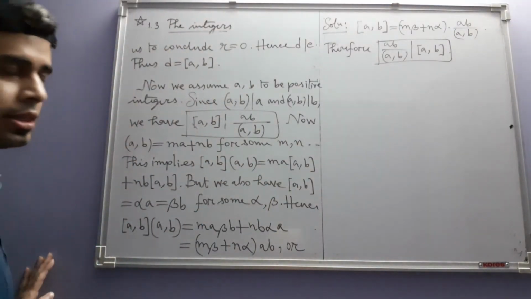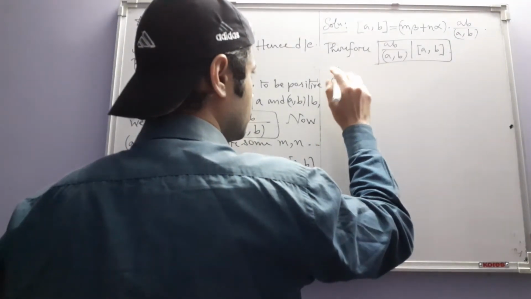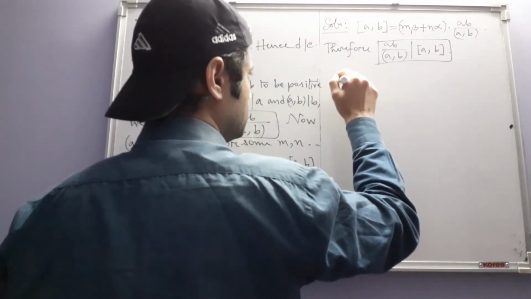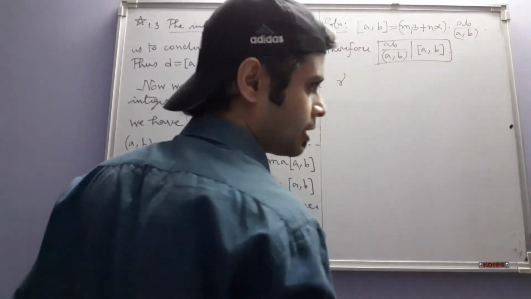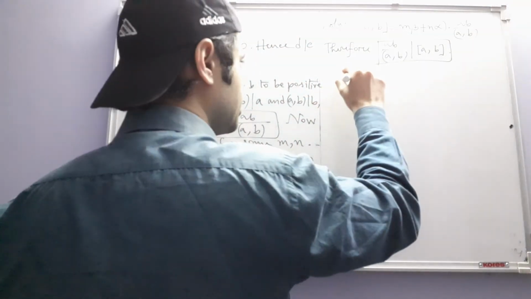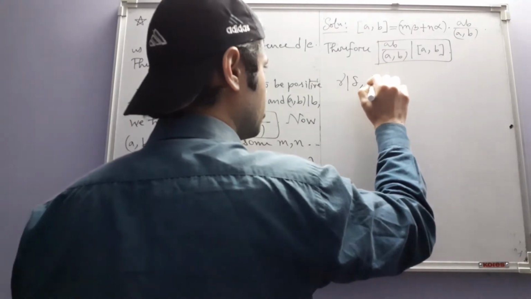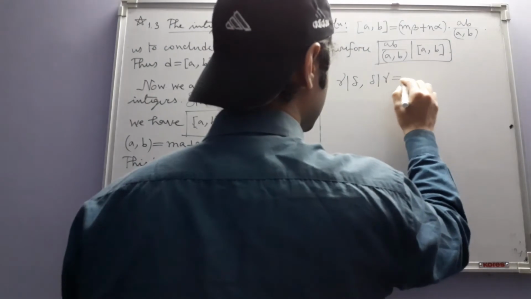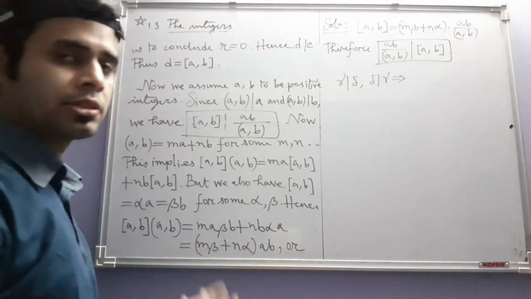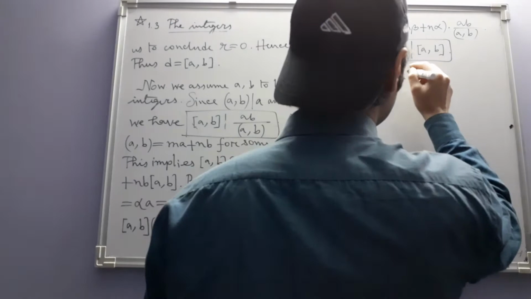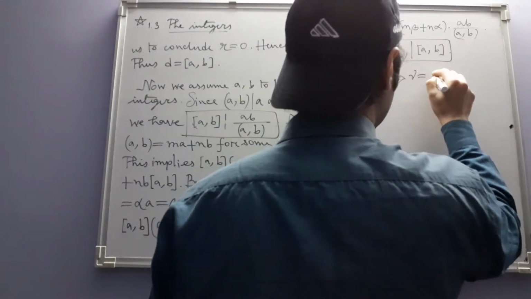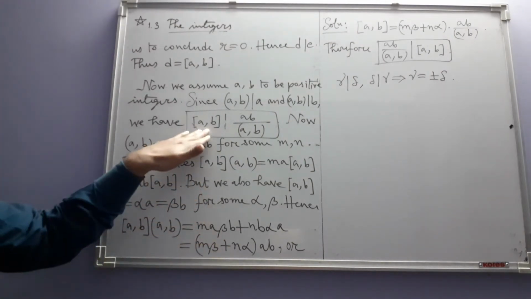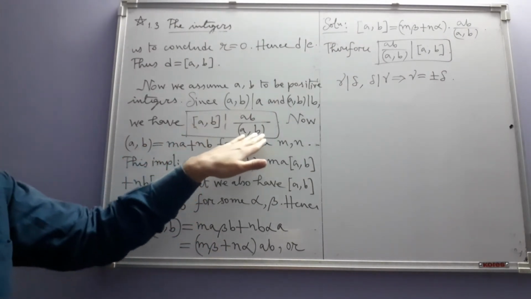So it's that same situation where I have already used earlier. Suppose gamma and delta are two integers. Gamma is dividing delta and also delta is dividing gamma. Then we have already seen, I think this was the first or second exercise, that gamma is equal to plus or minus delta. So here also the LCM will be equal to plus or minus AB divided by GCD.